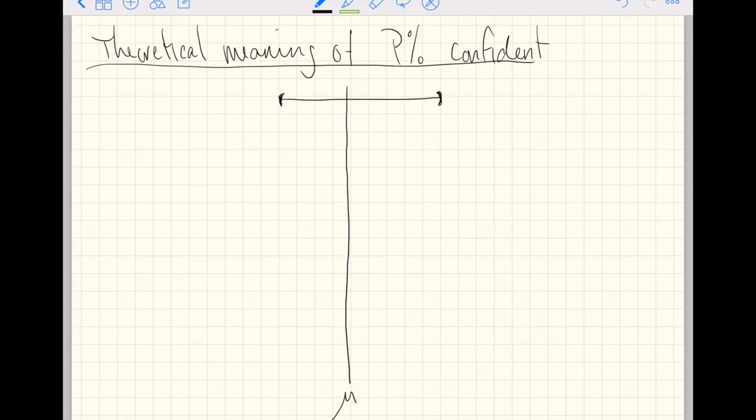But if you went out and took your own sample from the population and bootstrap resampled it and estimated a confidence interval, maybe you'd get something like that, slightly shifted. And if your friend went out and took their own random sample from the population, maybe they'd get something like that.